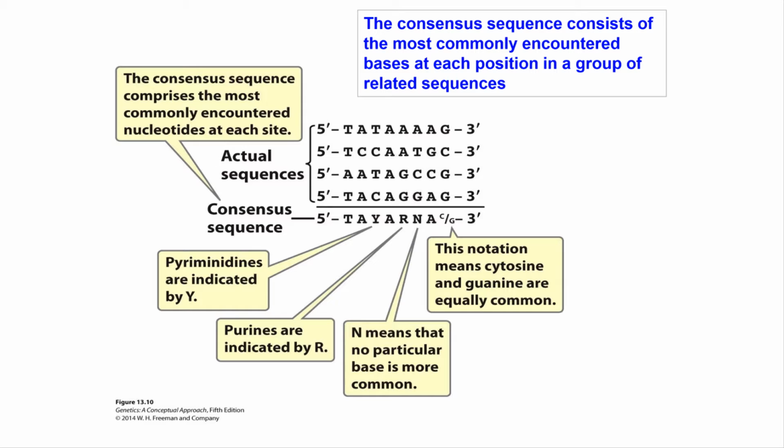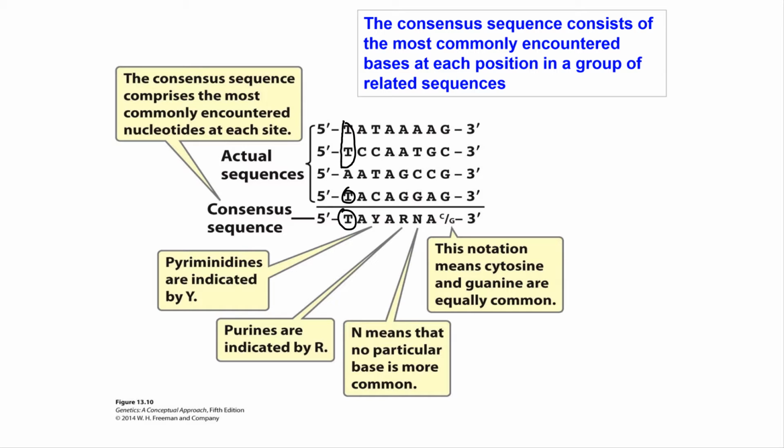Now, when you look at these consensus sequences, basically you can see that in the first position here you have T. Sometimes you can have an exception, however it's very rare.